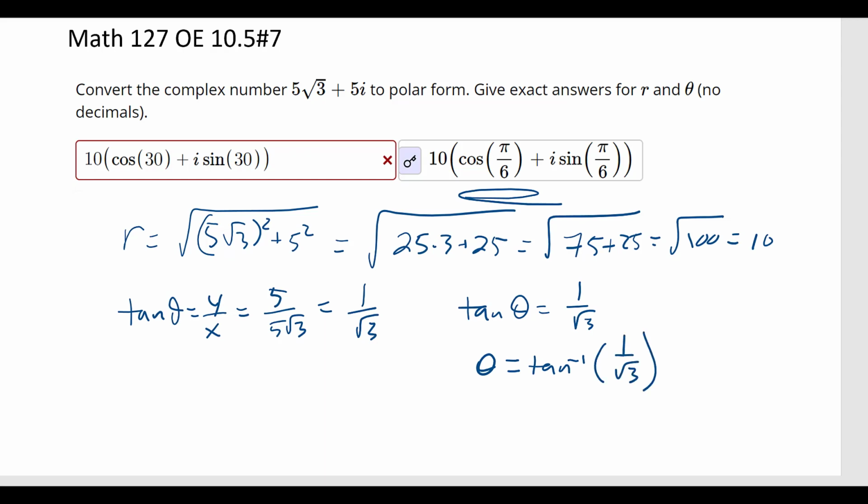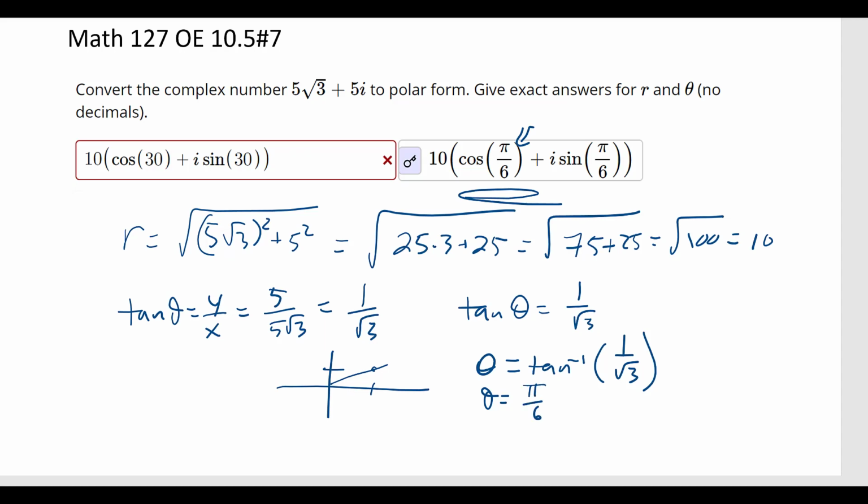Now, fortunately, this one, they're both positive. It's the first quadrant. So what do we have? We have like 5 root 3 and 5, somewhere like that. Knowing it's first quadrant, our theta is going to be 30 degrees, which is correct, but that's in degree mode. They want this in obviously radian mode. So it's pi over 6.